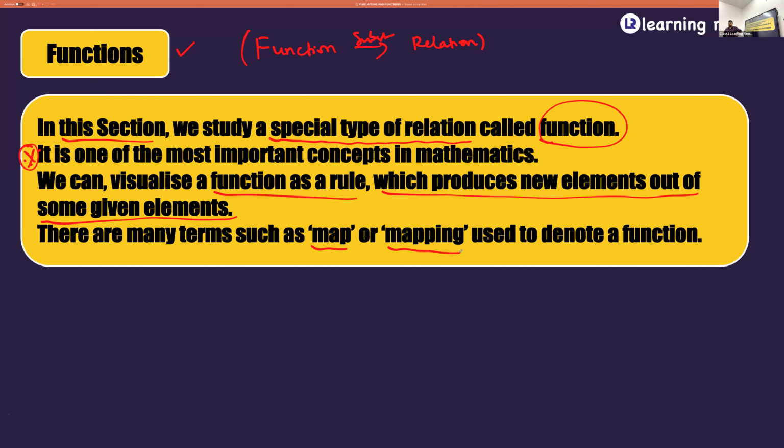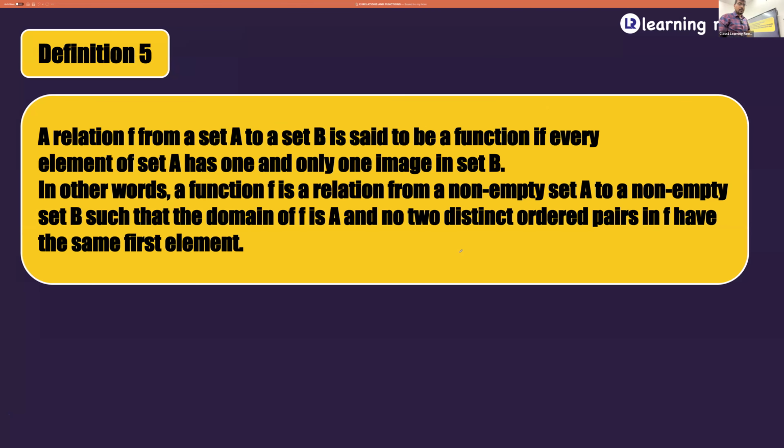Shall I proceed? Listen to this. The definition related to a function is something like this. As we know, a function is a special type of relation. The definition of function itself starts with the word relation.